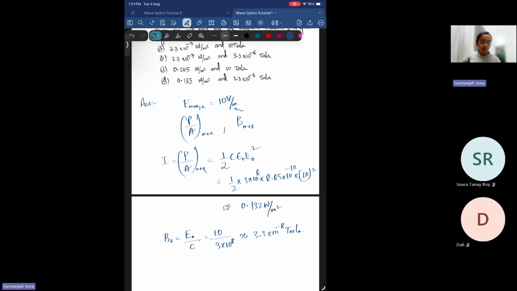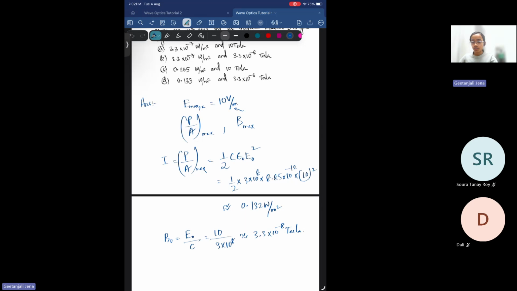Okay, so let us move to our questions. But intensity is not maximum. Power per unit area is nothing but the intensity. So if the question is asking about the maximum power per unit area, that means indirectly it is asking about the intensity of the wave.